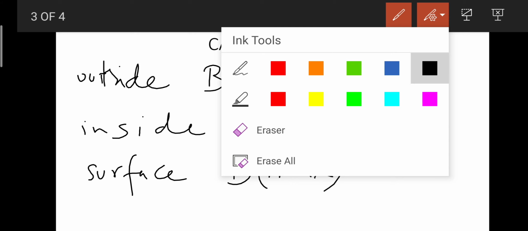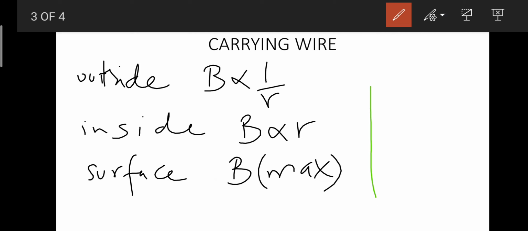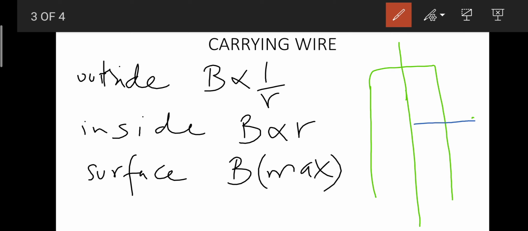If I want to draw that with the same figure, for point P, this is the central axis, and this distance, if you remember, for point P was R greater than R, and for point Q, what we have chosen, this was equal to R. So for this case, we are going to put in the equation R equals R.